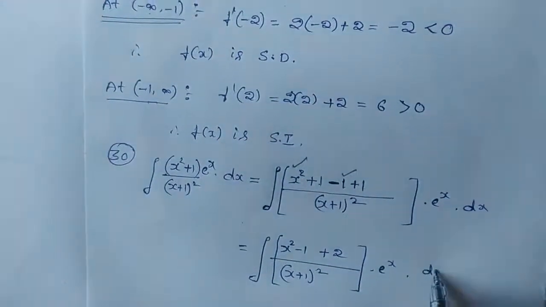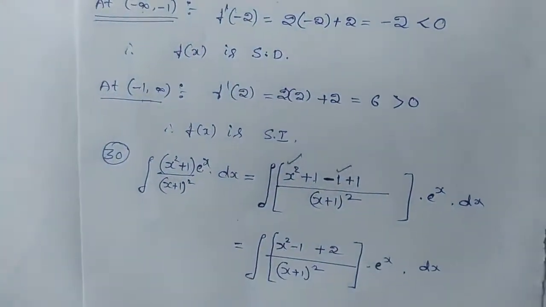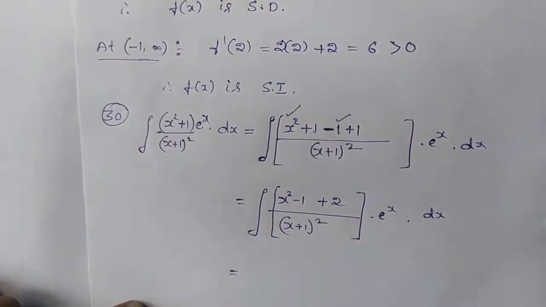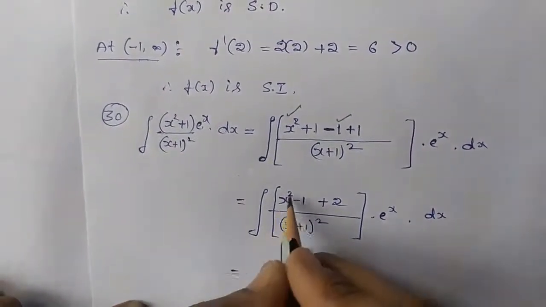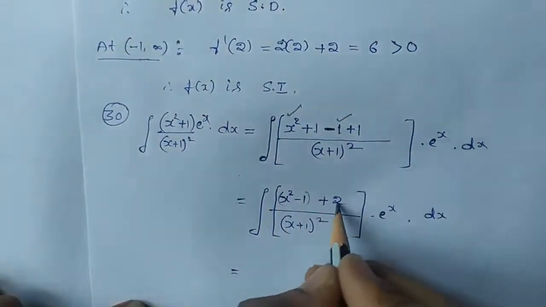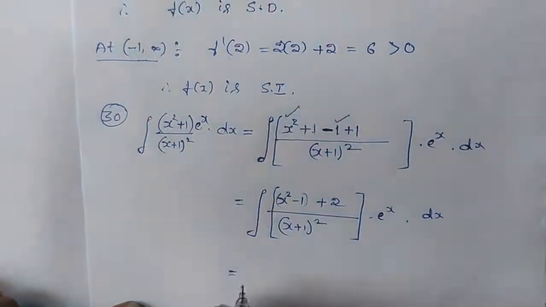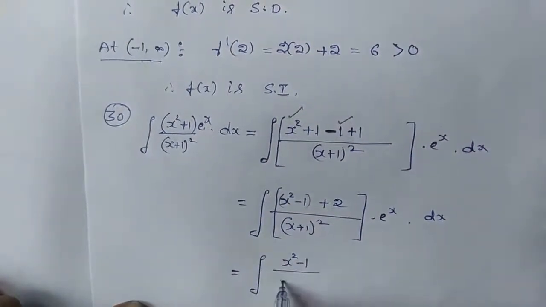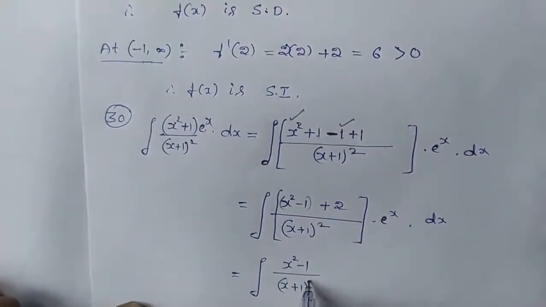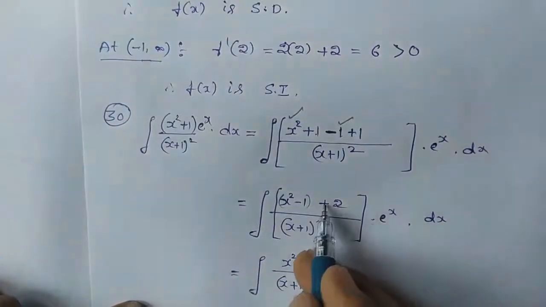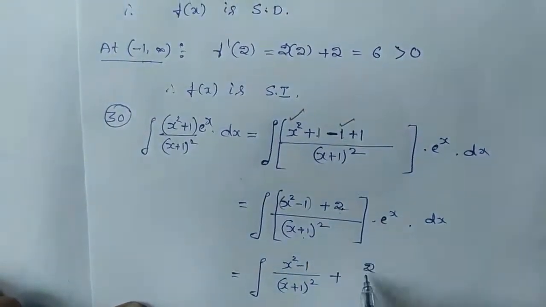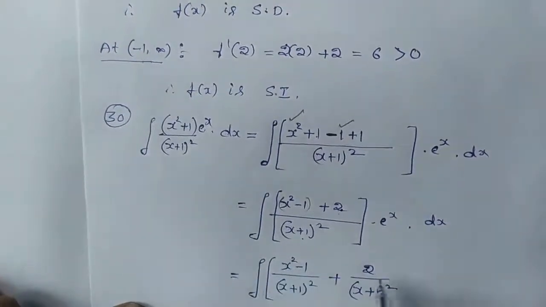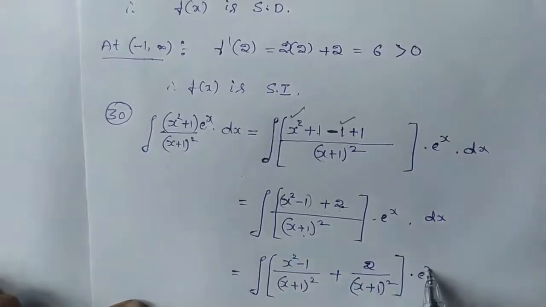We should mention dx, otherwise you will lose marks. Let us separate the denominator for x square minus 1 and 2 also. That is the integration of x square minus 1 divided by x plus 1 whole square plus 2 divided by x plus 1 whole square, into e power x dx.